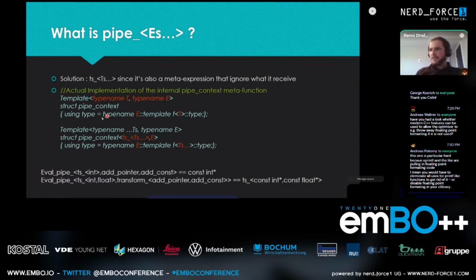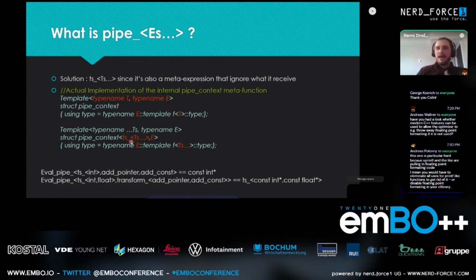So type name E, template F, T, and then it gets evaluated. If E is add pointer, it will receive, let's say, an int, and it gets int pointer. But if it's TS, which as you remember is a meta expression that completely ignores what it received to output what is there.